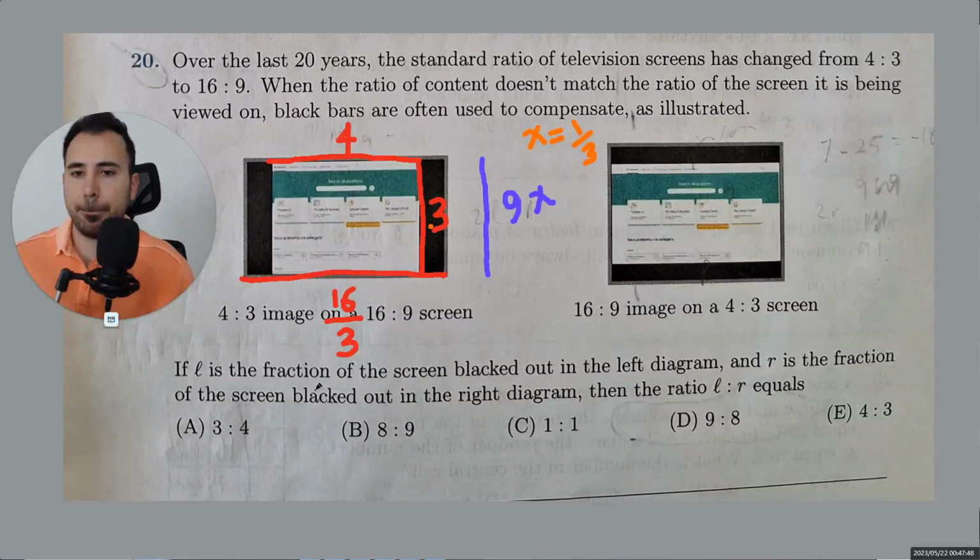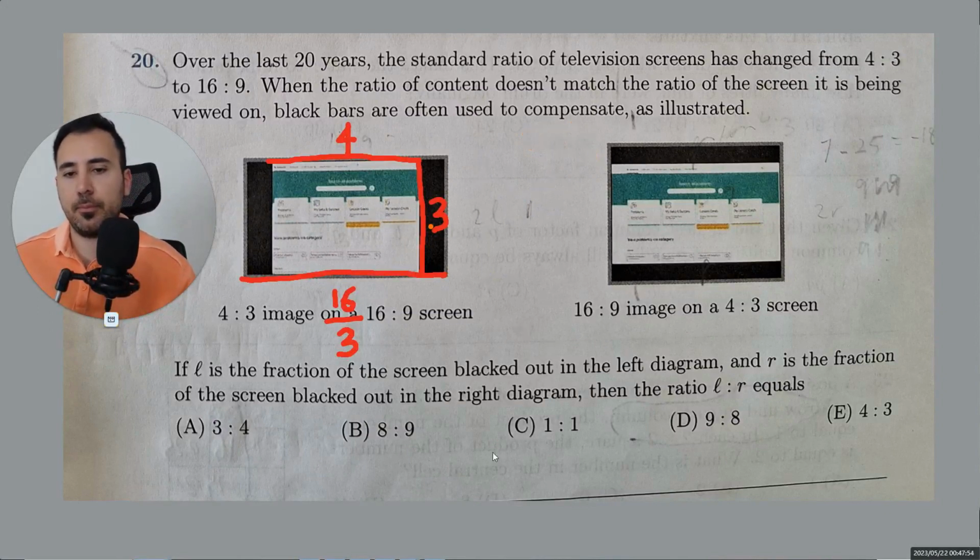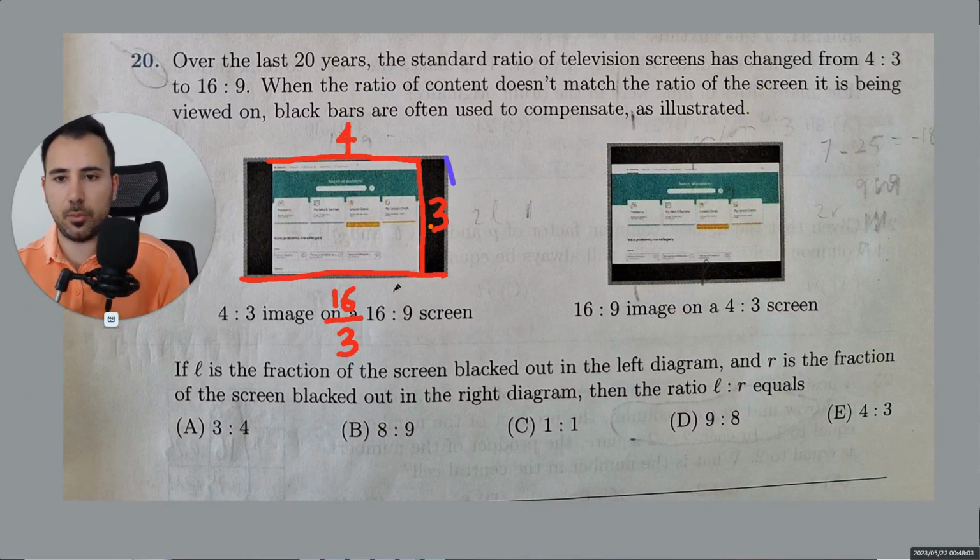Okay, so we have everything we want now, right? So we want the area of the big rectangle. The big one would be 3 times 16/3. So the big area of everything is 16. Why? 3 times 16/3 is 16.